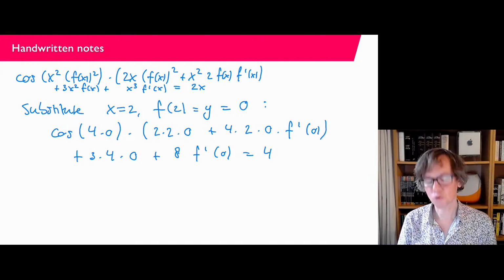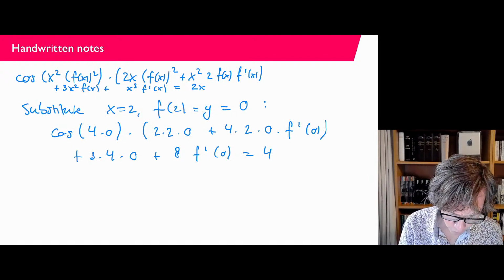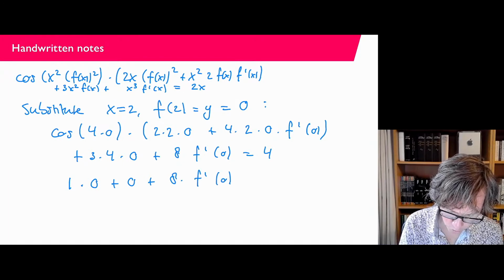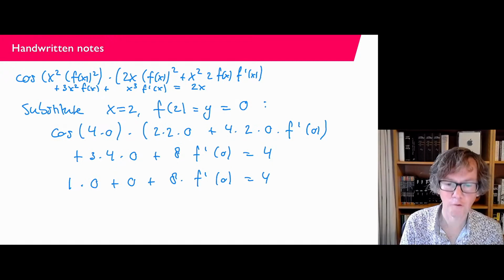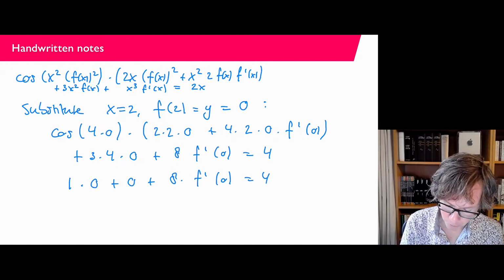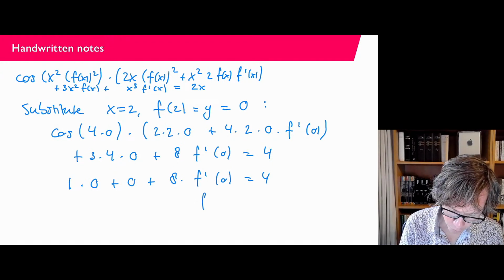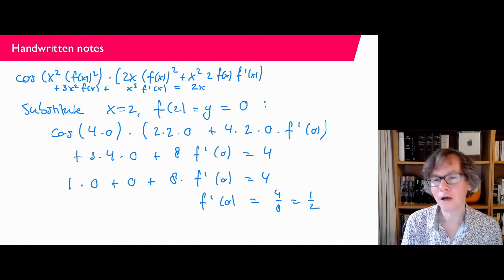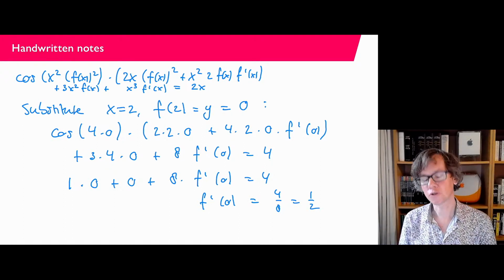So a lot here drops out. So we get the cosine of 0 is 1 times 0 plus 0 plus 8 times f prime of 0 equals 4. So apparently f prime of 0 equals 4 over 8, which is the same as 1 over 2. So now we have the slope of the tangent line.